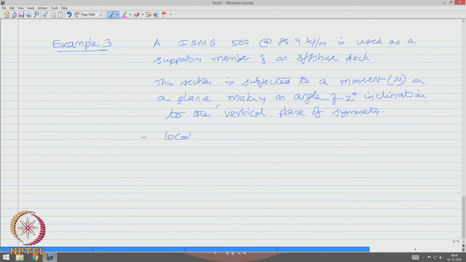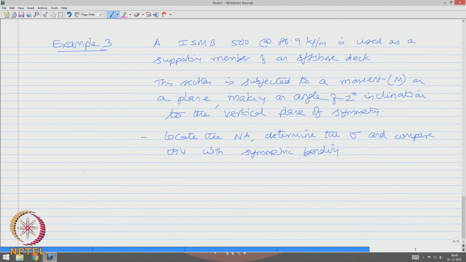So, locate the neutral axis, determine the stresses and compare this with symmetric bending. That is the issue.